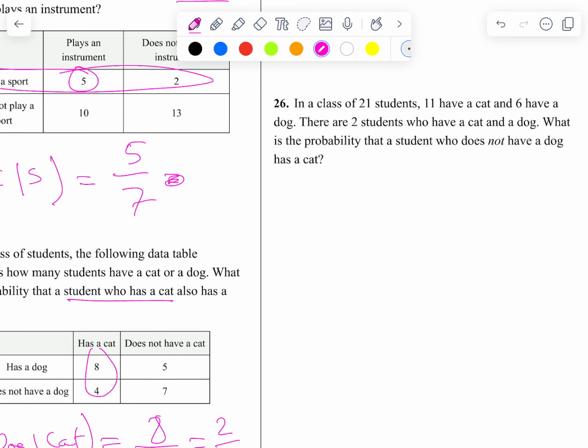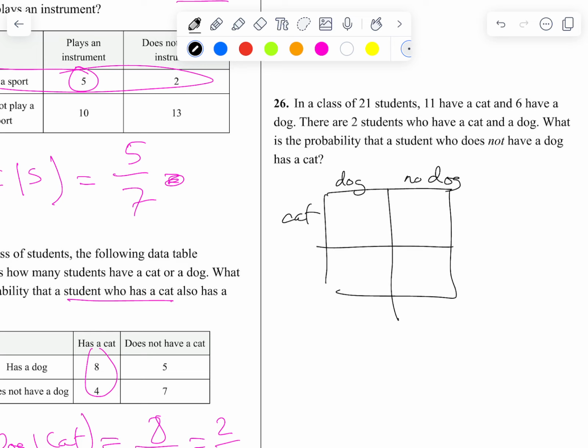In a class of 21 students, 11 have a cat and 6 have a dog. There are 2 students who have a cat and a dog. What is the probability that a student who does not have a dog has a cat? So I'm going to try to do this with a table: dog, no dog, cat, not a cat.